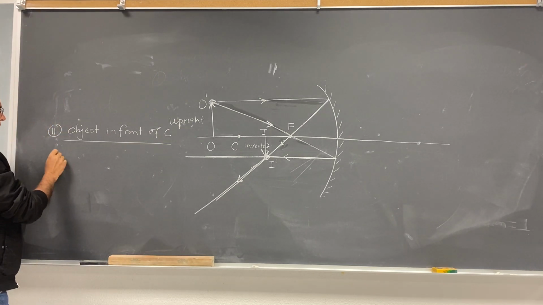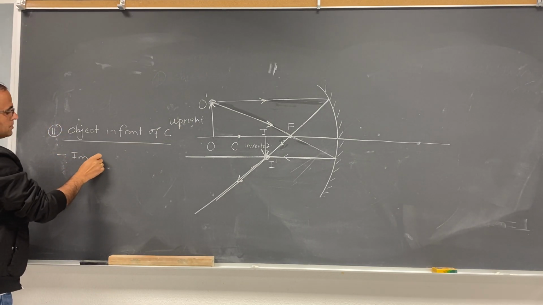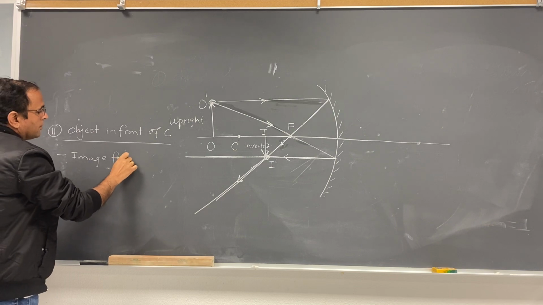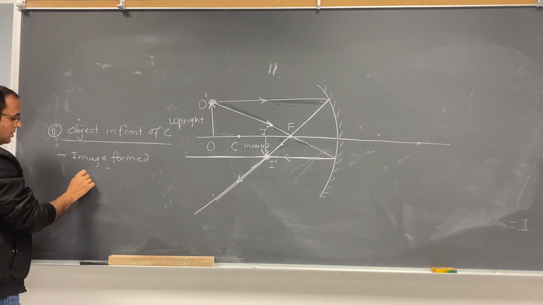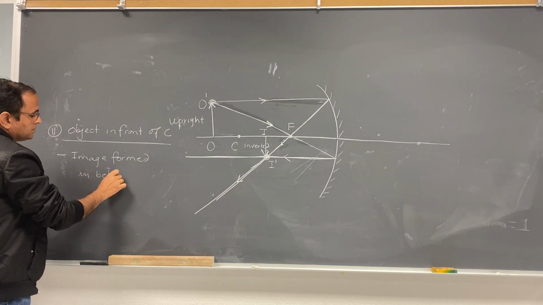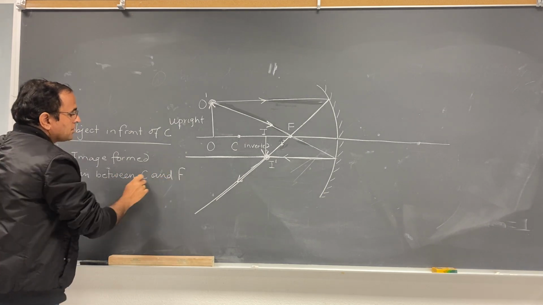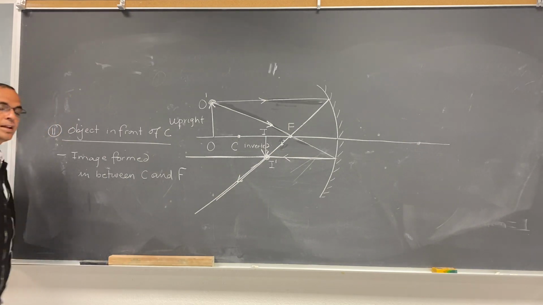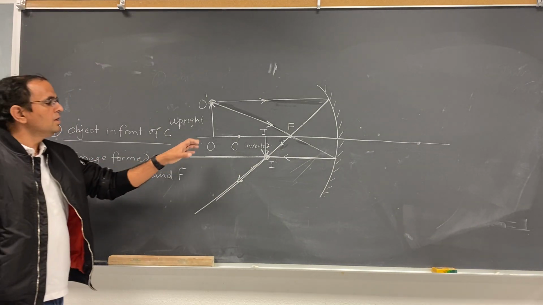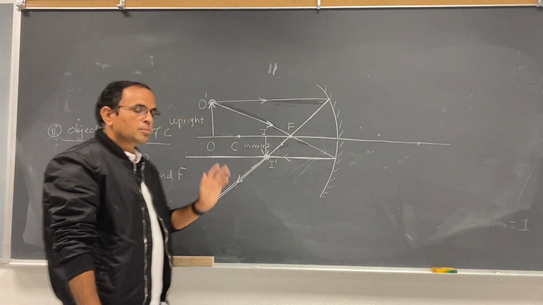What happened in this case? Image formed in between C and F, center of curvature and focal point. The image formed in between C and F, number one.